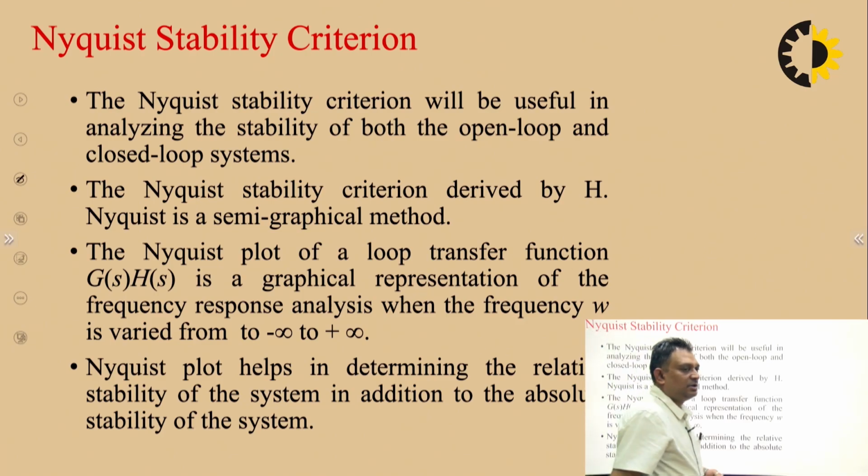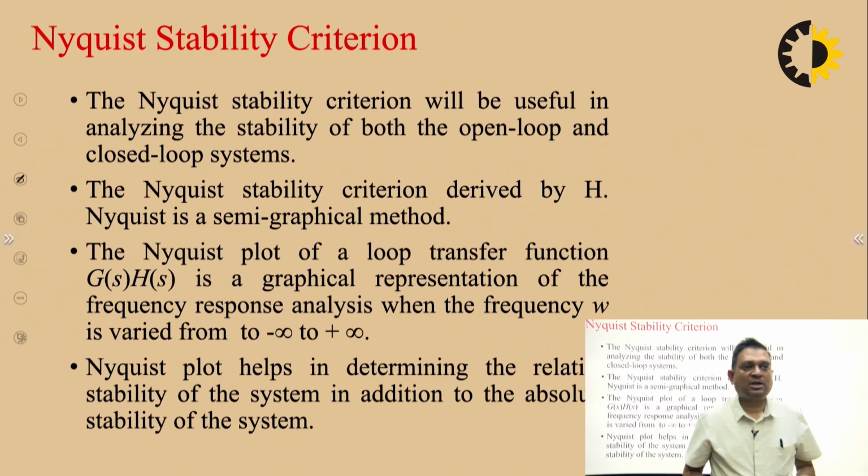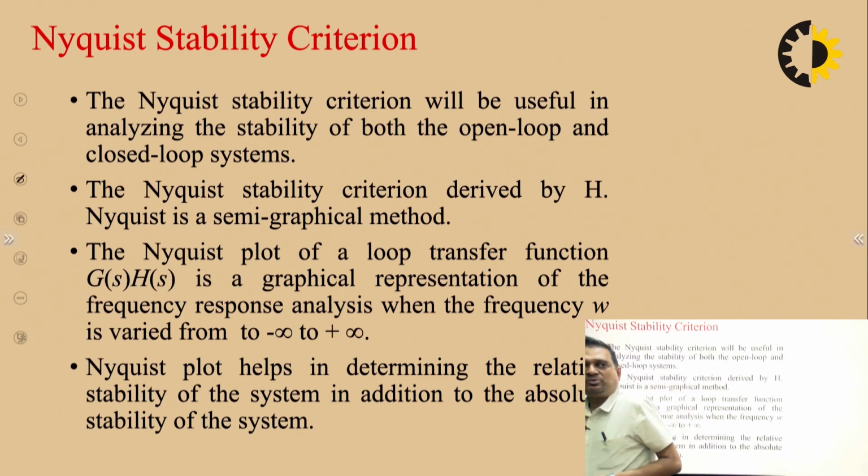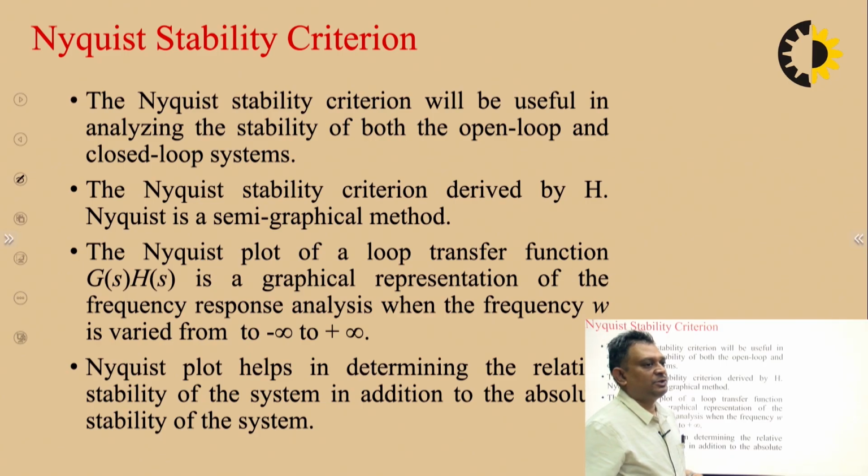The difference between Nyquist and polar plot is that polar plot is basically an open plot, and Nyquist plot is basically a closed plot. So through Nyquist analysis, we can also find out the stability of those transfer functions for which stability cannot be defined using polar plots.